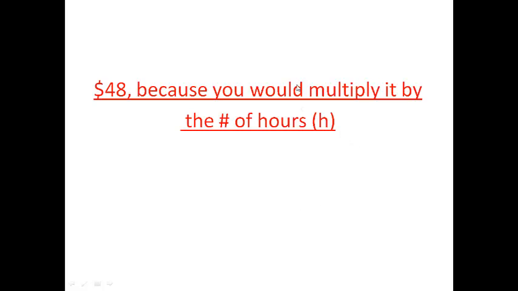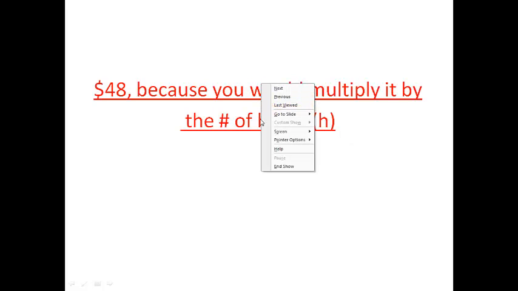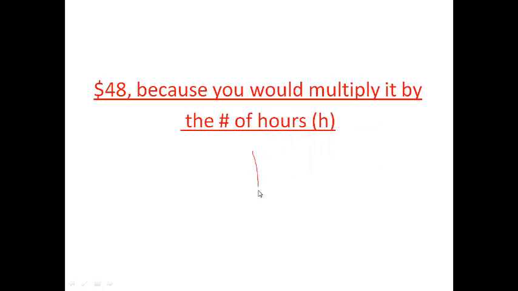So if we made a table for this, I'll do this while you're copying those answers. Okay, so if we made a table for this, this is our x, this is our y. The x is going to be our h. The y is going to be our cost. So at 1 hour, I forgot the zero. At 0 hours, it'd be $200.